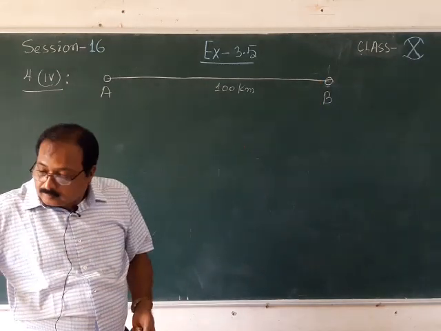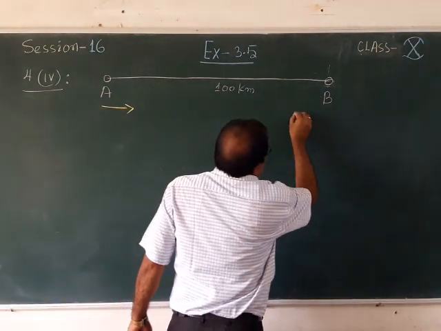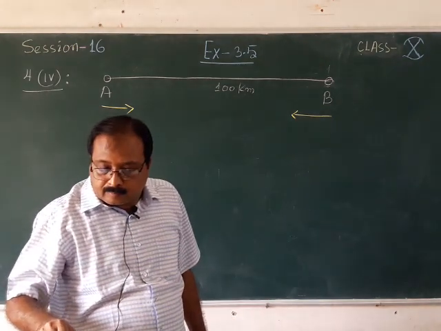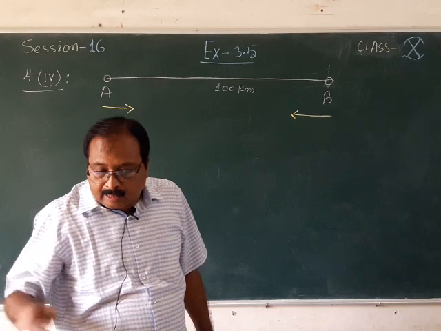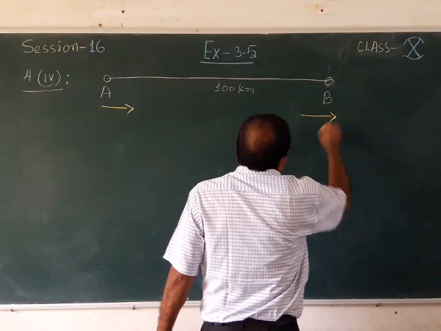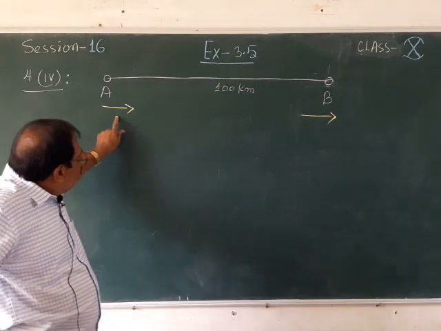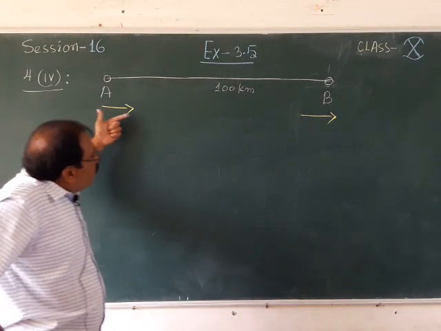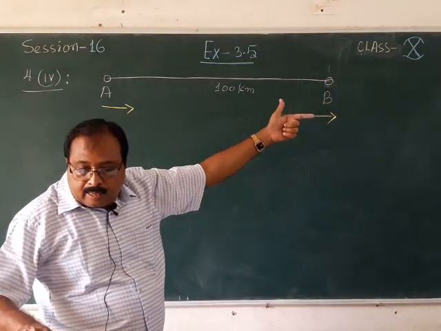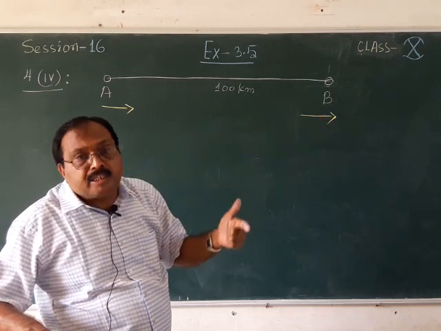Then suppose one car is coming there and another car is coming there. If the cars travel in the same direction, that means they are going in the same direction. The car starting from A is going in this direction and the car from B is also going in the same direction, but their speeds are different, and they meet in 5 hours.